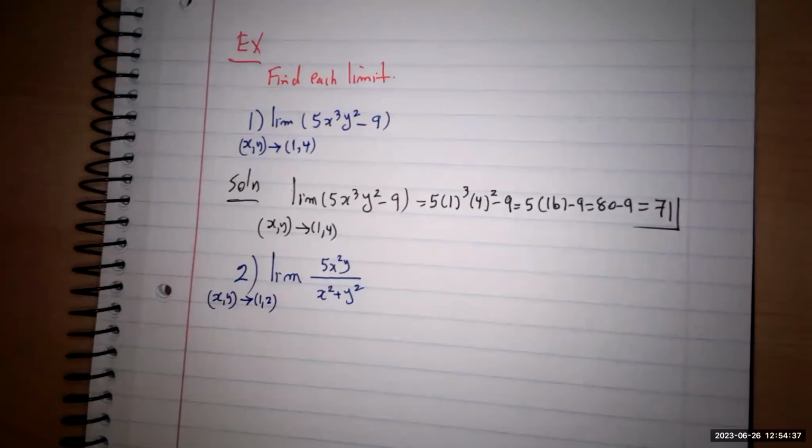That's a rational function. The top is a polynomial, the bottom is a polynomial. So to find the limit, you just directly substitute again to get the result.